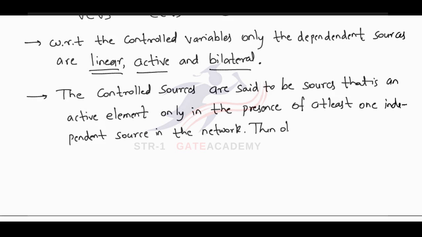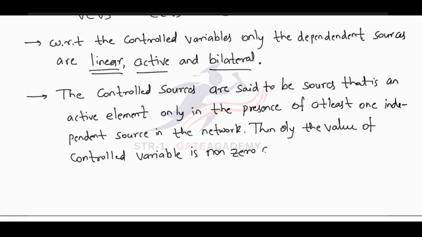Then only the value of the controlled variable is non-zero and hence their magnitudes are non-zero. So this is a very important point in terms of controlled sources or dependent sources. Please make a note of this.